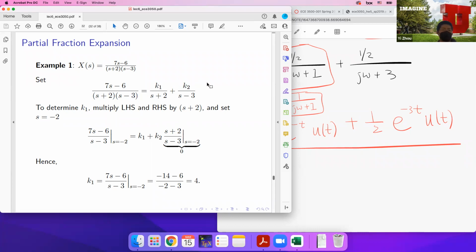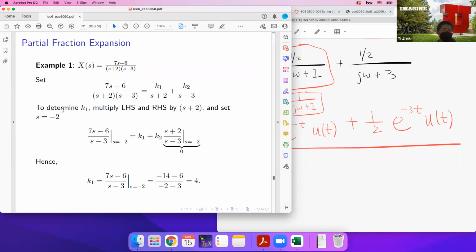So the question is how can we figure out these two constants K1 and K2? Well, we can determine their values by comparing the specific values of this equation at different locations of s.